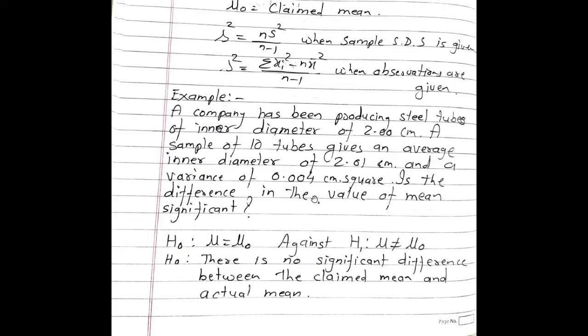Is the difference in the value of the mean significant? So we write H naught in notation as mu is equal to mu naught against H1 mu not equal to mu naught. H naught in words: there is no significant difference between the claimed mean and actual mean, because we have taken mu is equal to mu naught as H naught.